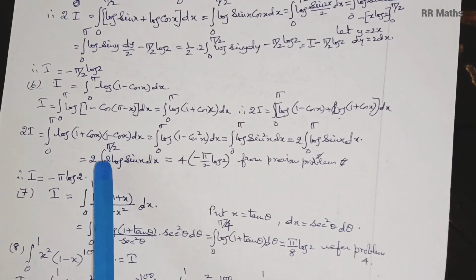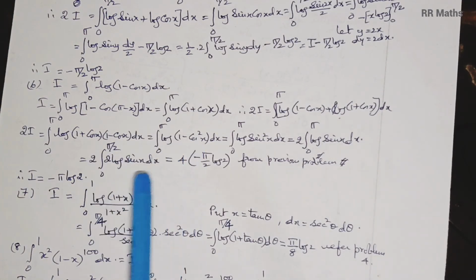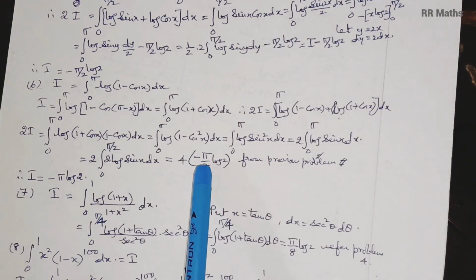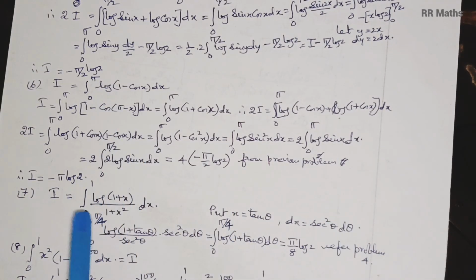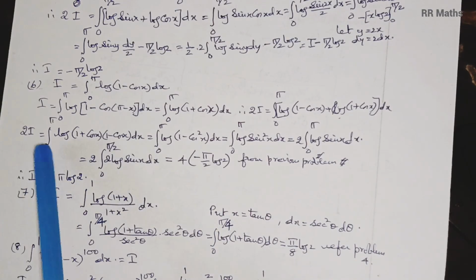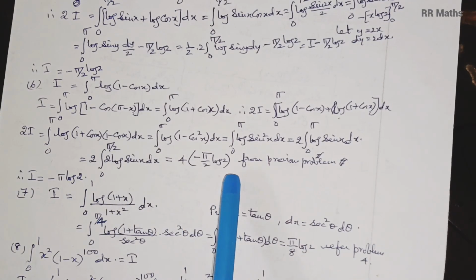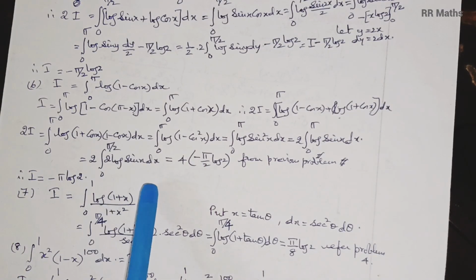Now this is the previous problem, so I directly quote just the answer here, but in the exam you are supposed to do the same proof fully here. So this reduces to 4 times, in the brackets, minus pi by 2 log 2, which was the answer in the previous problem. So now this 2I is equal to minus 2 pi log 2, and therefore I is equal to minus pi log 2. That completes this problem.